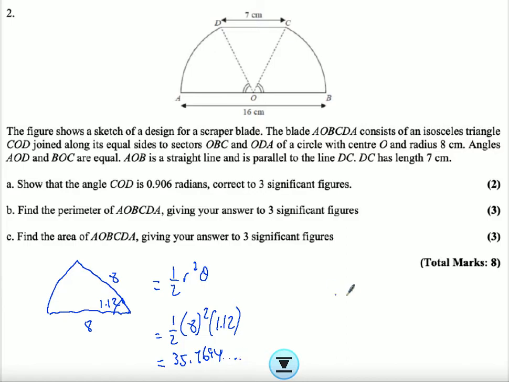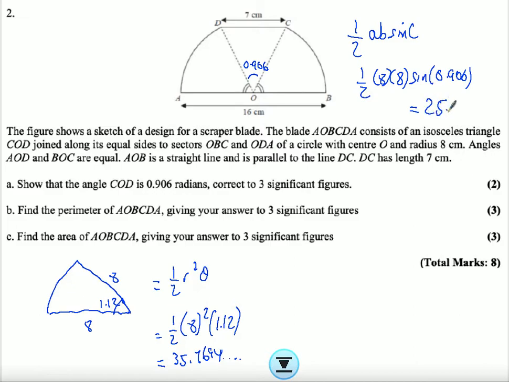35.7694... Okay, and then we've got our triangle up here, that was 0.906, and we can use half AB sine C. So half 8 sine 0.906. Needless to say, obviously have your calculator in radians here, guys, otherwise it's going to go very, very badly for you. 25.185.